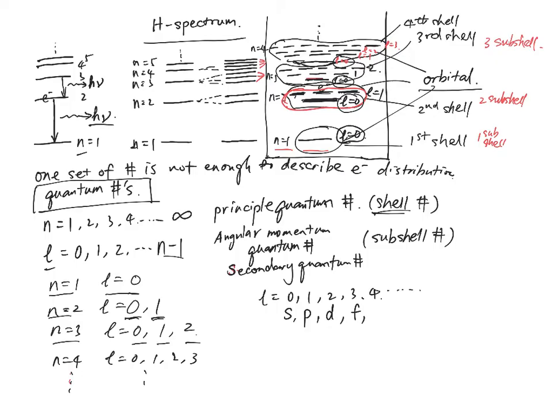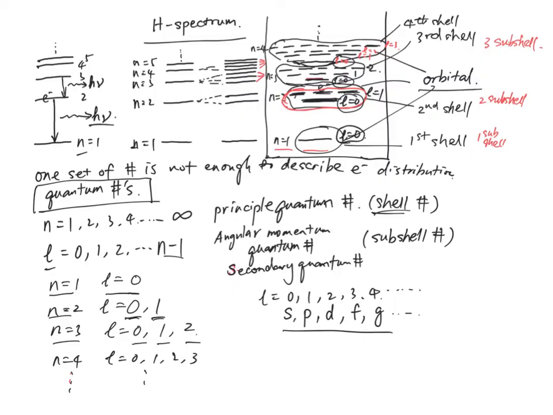And L equal to 4, we call it the g orbital. Now, what about L equal to 5, 6, 7, 8? Do you have more letters for it? Well, right now at this point, I don't need them. You're going to find out how we are not needing more subshell letters.